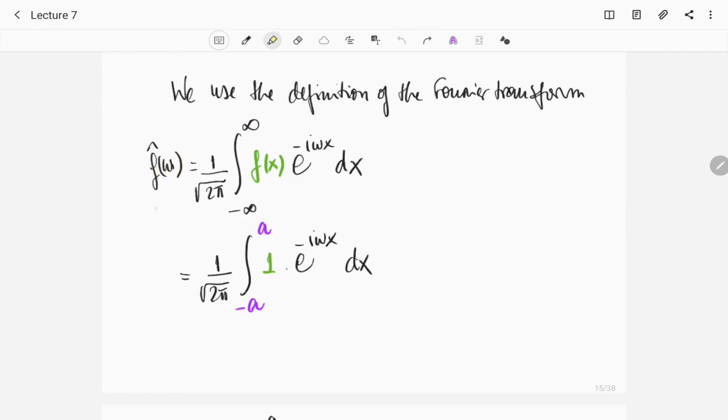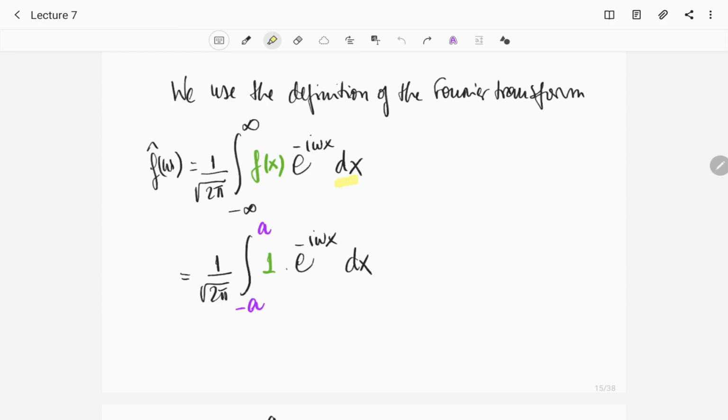Okay, so hat f of omega, which is the Fourier transform of f at omega, by definition is equal to this number here, 1 over square root of 2 pi, and this improper integral from minus infinity to infinity of f of x and this complex exponential function e to the power minus i omega x.